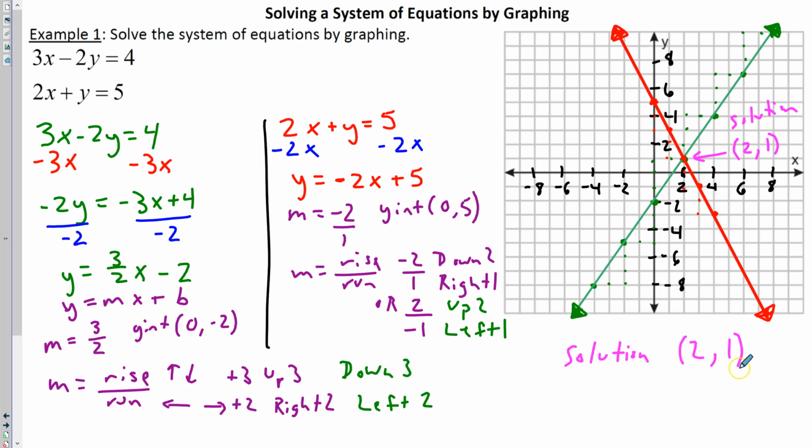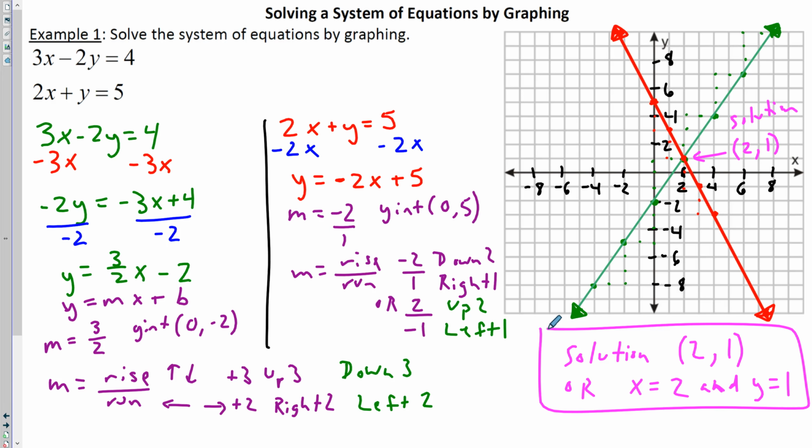You could write it in coordinate form. Alternatively, you could state what the x and the y values are. So that's when x equals 2 and when y equals 1. Both of those would be acceptable ways to write our solution.